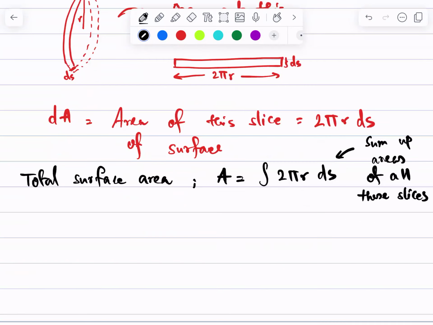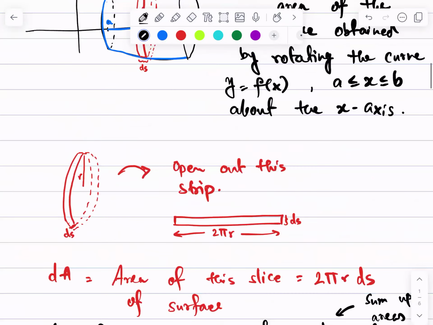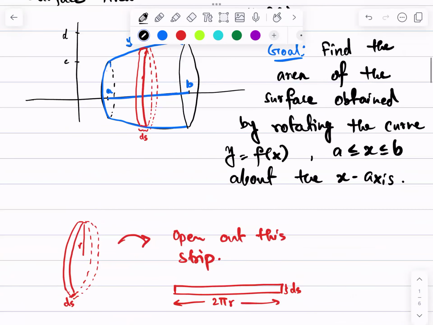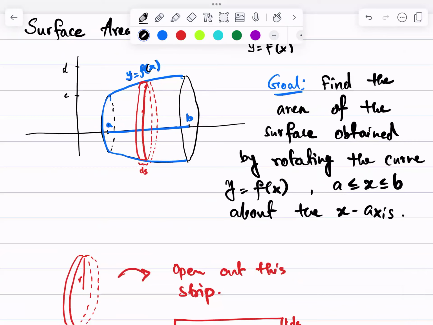This is the basic theory behind it, but I can add a little bit more. As x is varying from a to b, this integration will have limits a to b. And then 2 pi is just that. Now what is r? r is varying as you shift this little slice.